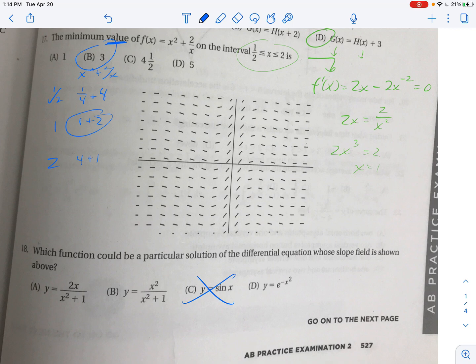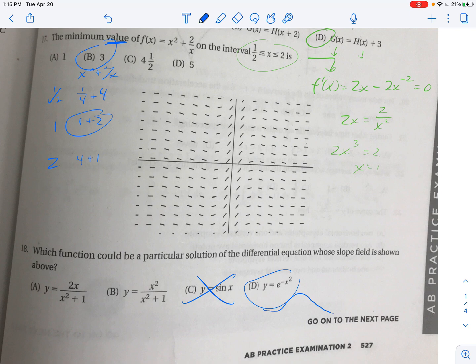Pardon me. E to the negative x squared is a graph that looks like this. That's the bell curve, which is not what we're seeing here. And also, you just note that this is an even function. We're not seeing an even function here because an even function would have balance across the y-axis, and we're not seeing that.